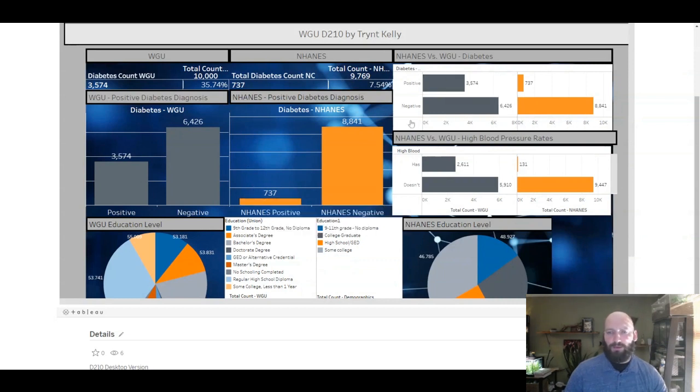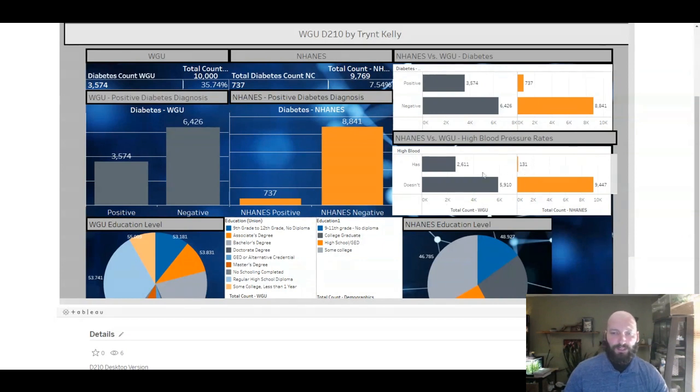When we look at the bar chart, I have these next to one another so we could see. We have the diabetes up here, but for high blood pressure, we have over 2,000 positives and only 131 positives for the National Health Institute.